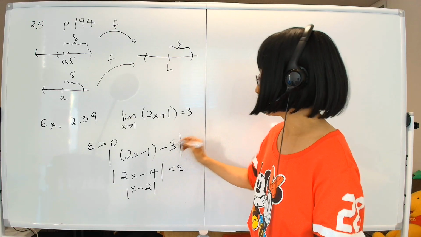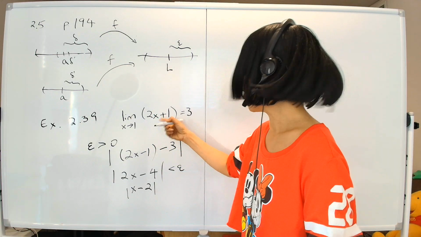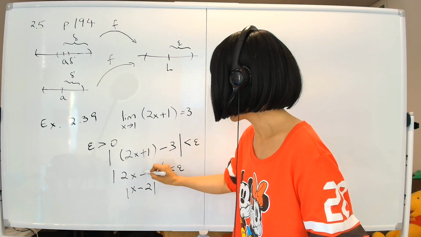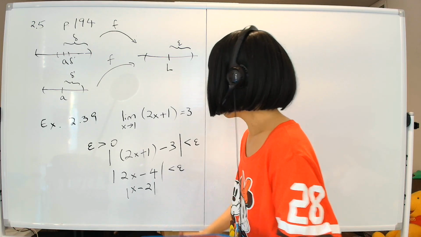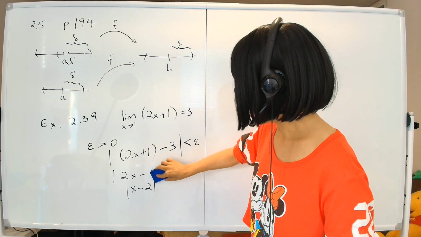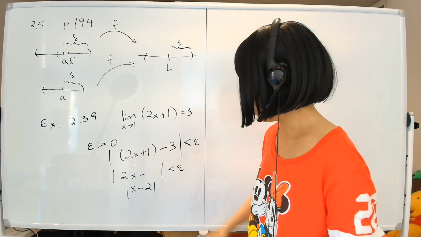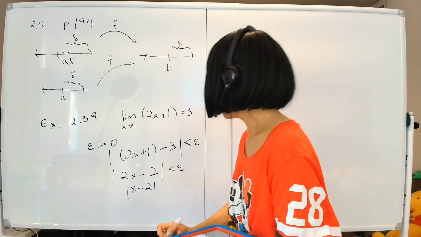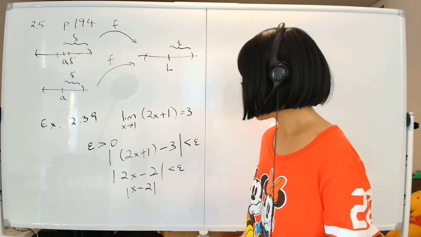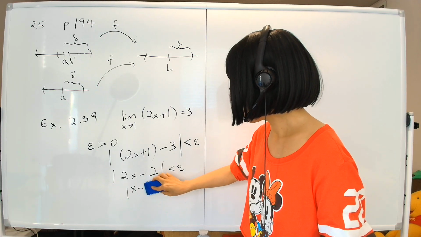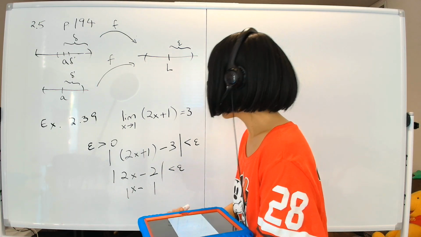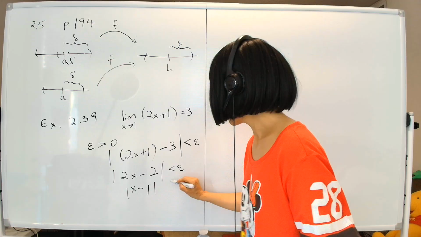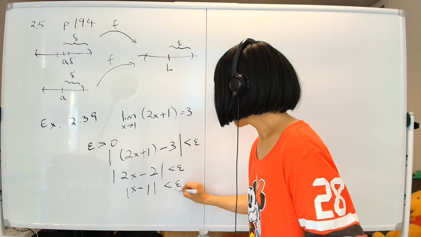Sorry, I messed up here. It's 2x plus 1, so right here it's plus. Why did I say minus? So this is a plus thing, so it's minus 2. Otherwise, it's like, what is going on here, right? So the absolute value of 2x minus 2 is less than epsilon, which to solve the inequality means that the absolute value of x minus 1 is less than epsilon over 2.